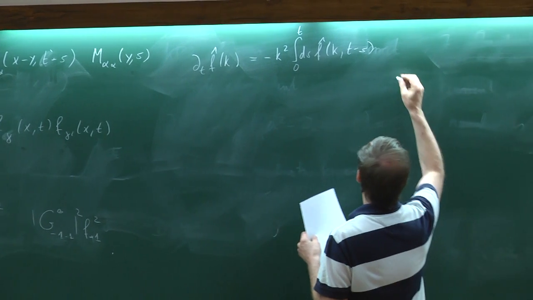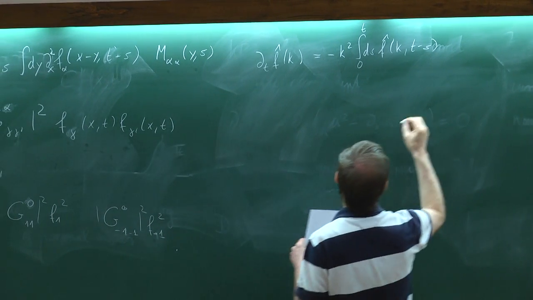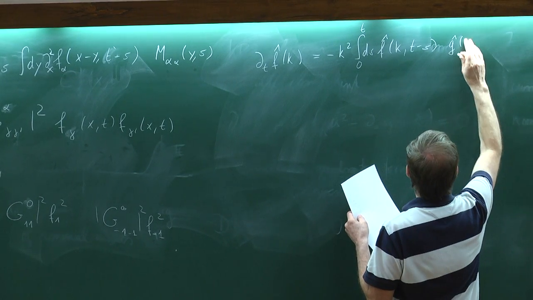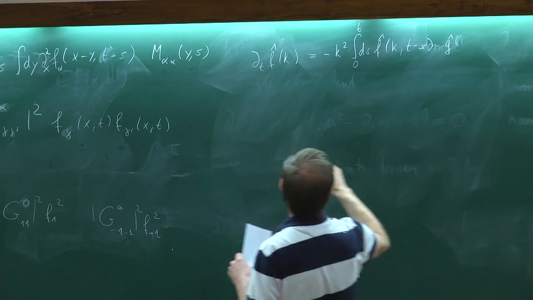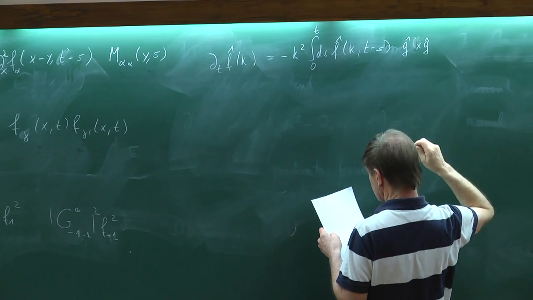Let me say that these are known functions, so there's a g hat. Now it's a product in x space, so it must be a convolution in momentum space, so I put the convolution here.